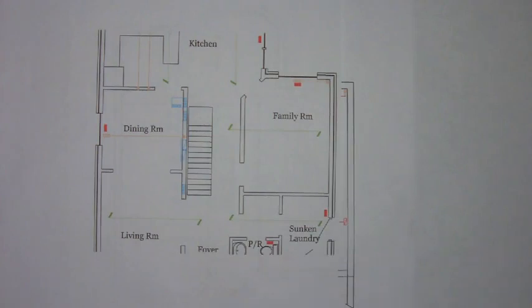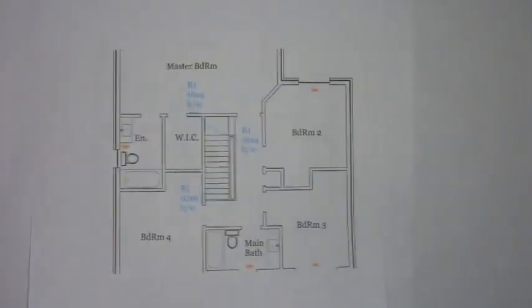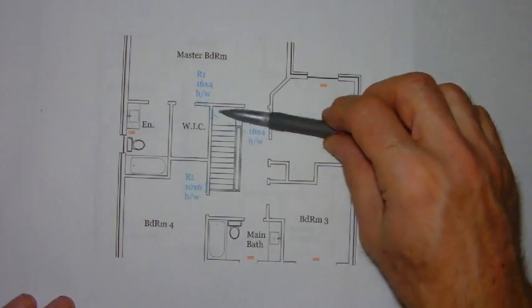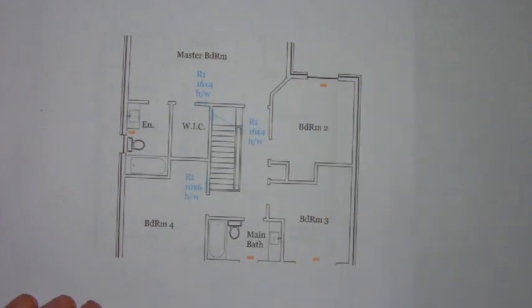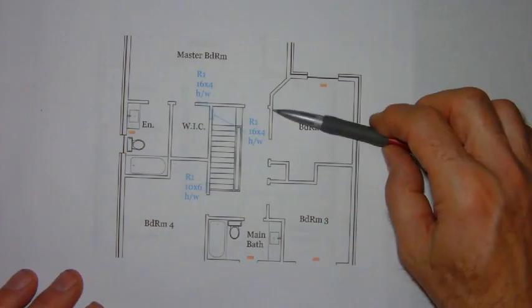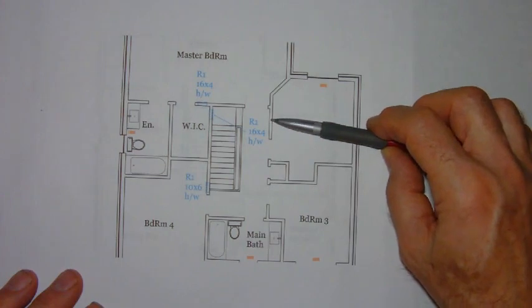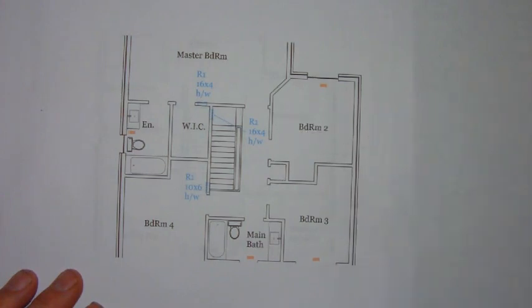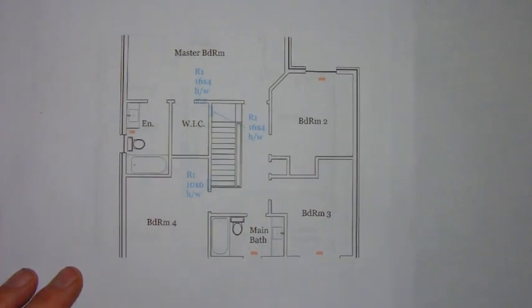Typically on the second floor you tend to only have 2x4 walls, and the plate opening that's created in a 2x4 stud space is equal to approximately 14 by 3.5 inches.